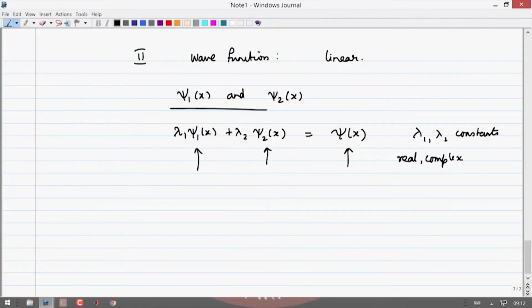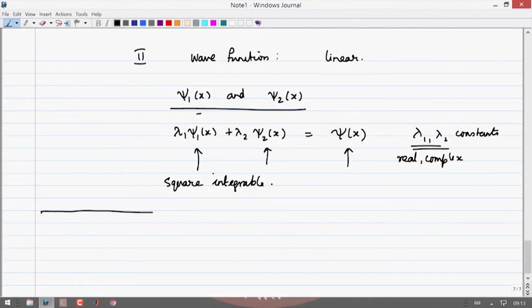But if the vector space in which we are working mathematically contains any two functions psi 1 and psi 2 of x, it also contains all linear combinations of the two wave functions, and likewise for infinitely many. These are also square integrable as long as lambda 1 and lambda 2 are finite.